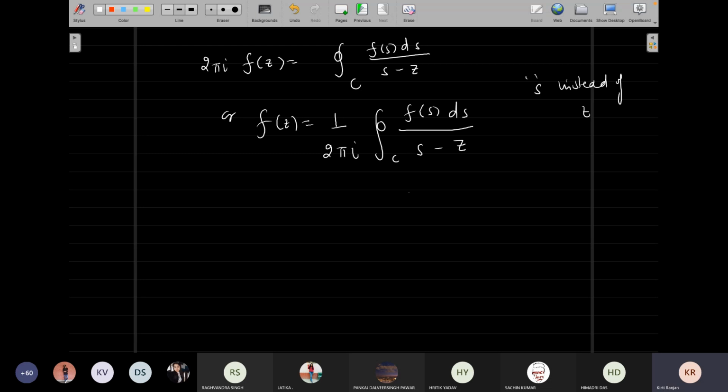But writing in this form will tell you that if I take f prime z, what will be the result? Remembering that my differentiation and integral orders can be interchanged. This integral is positive, enclosing z. So if I do f prime z, what is the result?